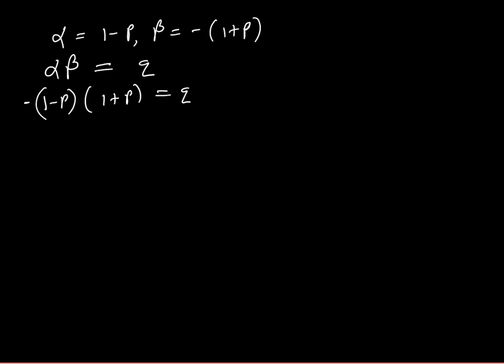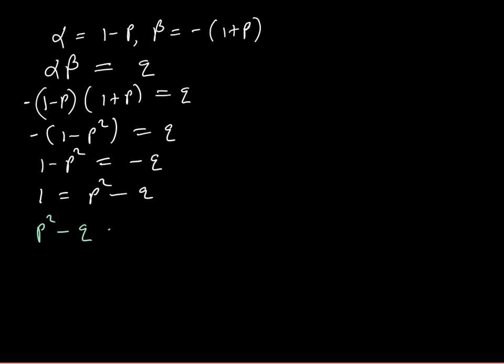So this is a difference of two squares. We have negative of 1 minus p squared is equal to q, or 1 minus p squared equals minus q. And I have 1 equals to p squared minus q. So in the end, we have p squared minus q equals to 1. And we have proved what they want us to.